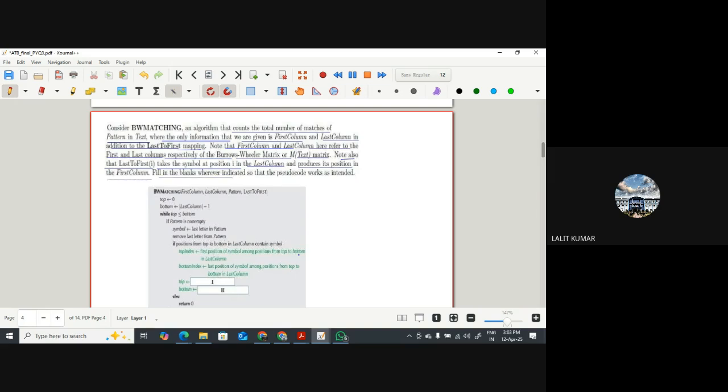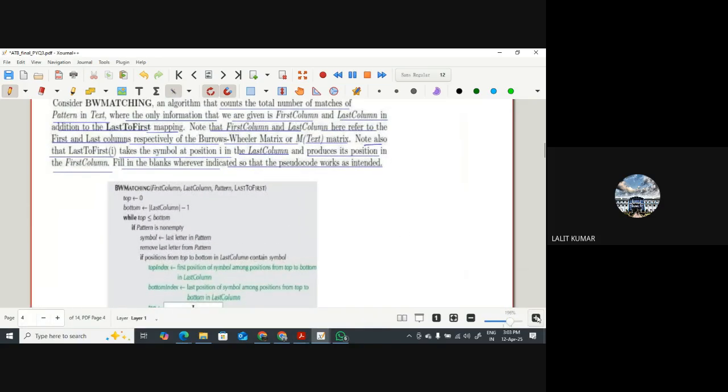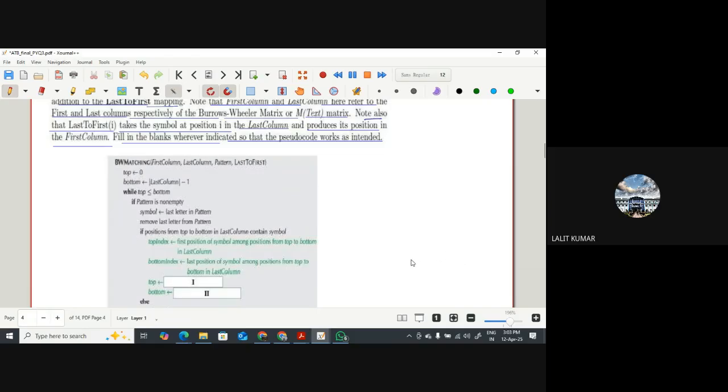Fill in the blanks wherever indicated so that the pseudocode works as intended. So this is slightly involved. They have given the first column, last column, pattern, and the last-to-first, which is your mapping of the Burrows-Wheeler, that from here to here what it comes.